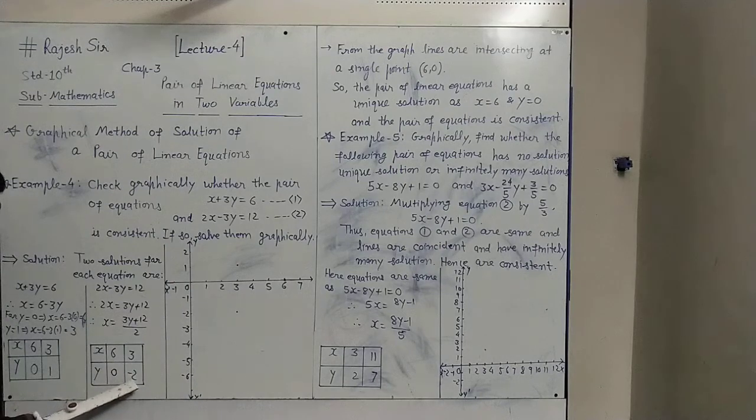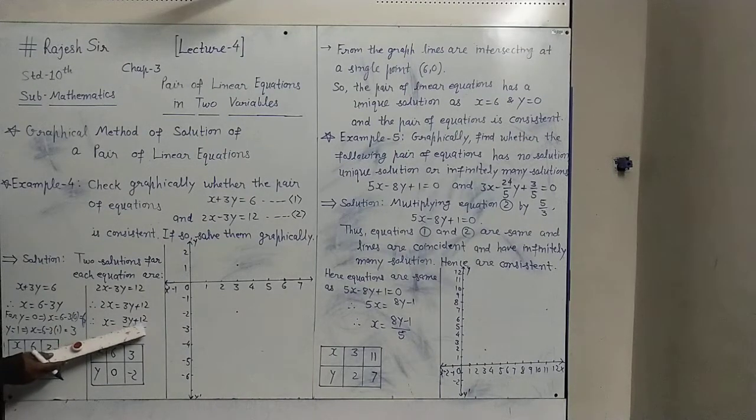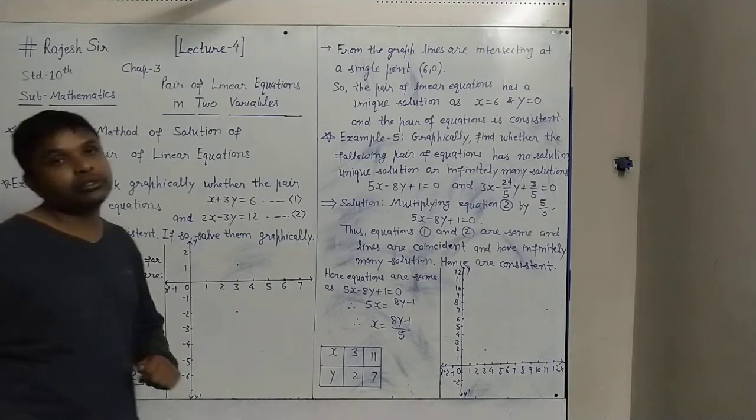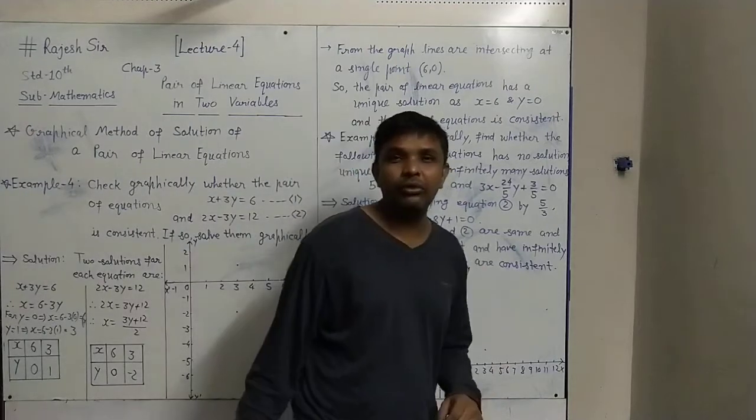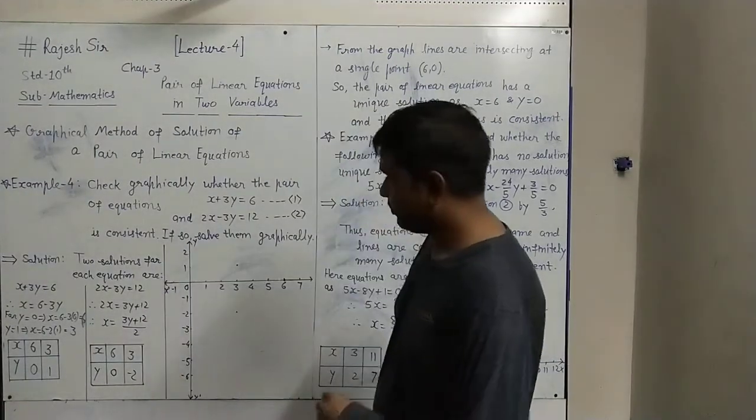If we place y equal to minus 2, 3 times minus 2 is minus 6, plus 12 gives 6, and 6 by 2 gives 3. This way we have got two solutions of each equation.